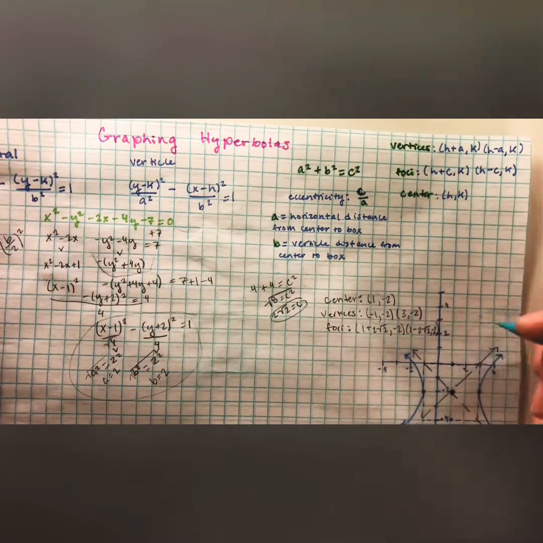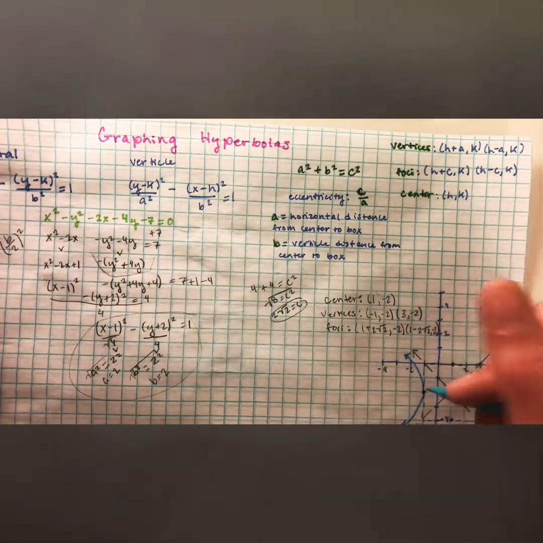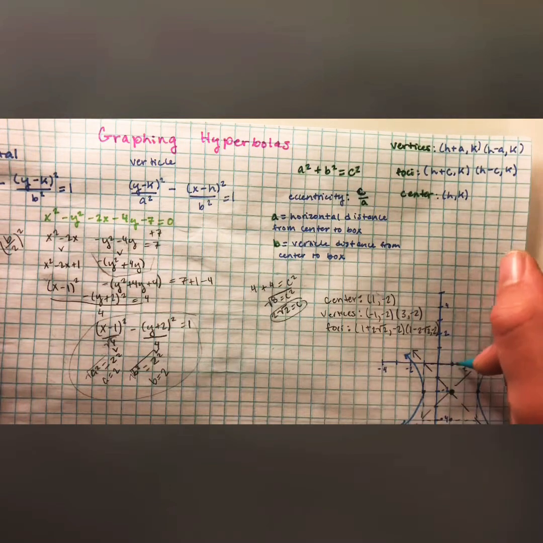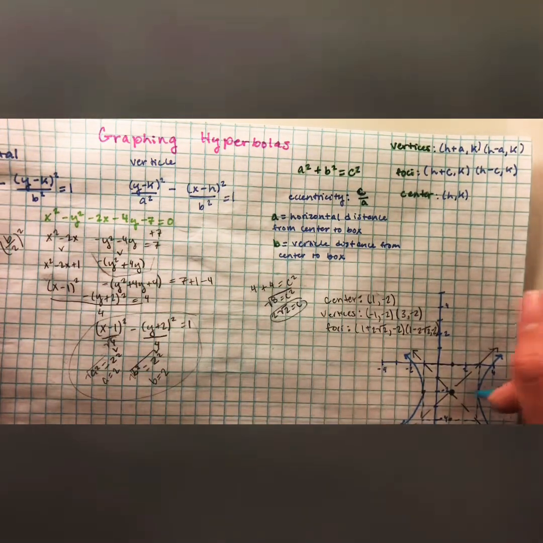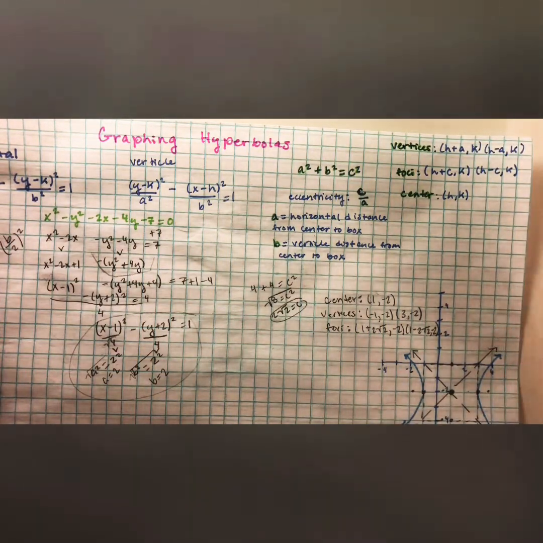Sorry, that goes way into the graph. But this is going to be our foci, and then we also need to plot that. So let's see, 1 plus can be somewhere over here, I think. Yep, that's about right. And you probably want to use a calculator when you're plotting that.